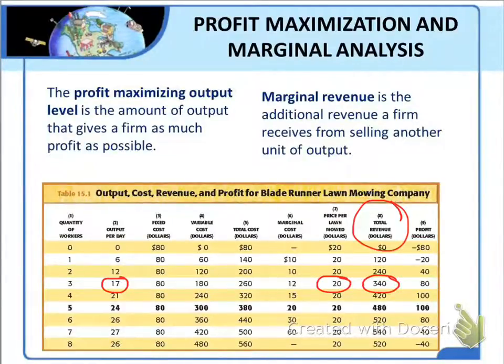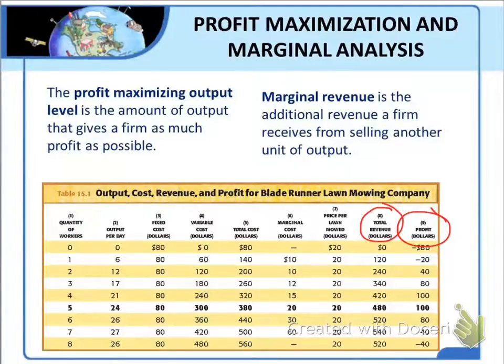We are now ready to calculate Blade Runner's profit at each output level, as we see here in column 9. The profit earned at a particular level of output is simply the total revenue at that output level, right here, total revenue, minus the total cost at that output level, which is shown in column 5.